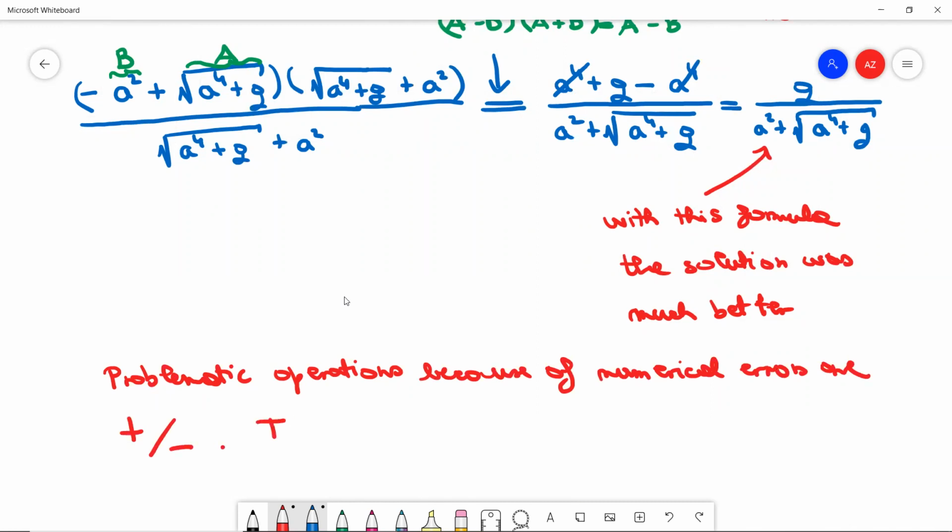So the operations times or division are good from this perspective, are not problematic.